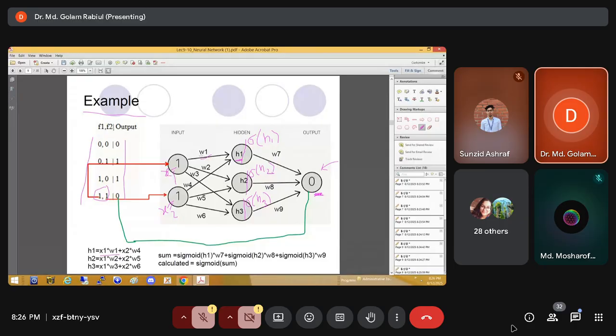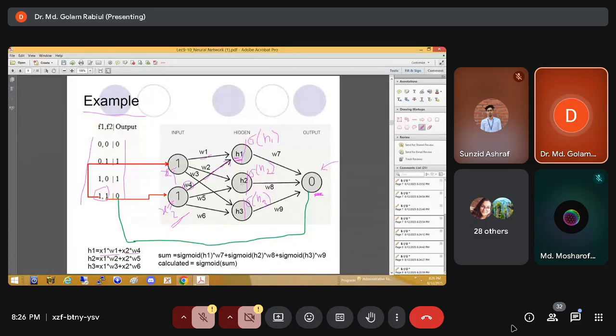So X1 times W1, and this neuron has another connection from the other input neuron, X2. So X2 times W4, and we will get H1. H1 is the hidden layer sum.